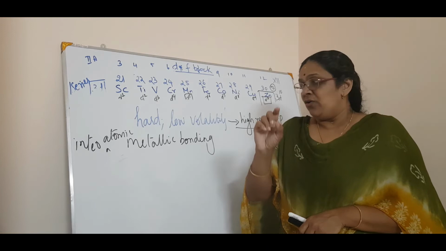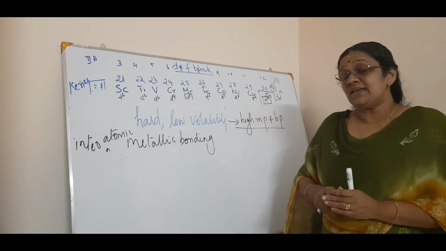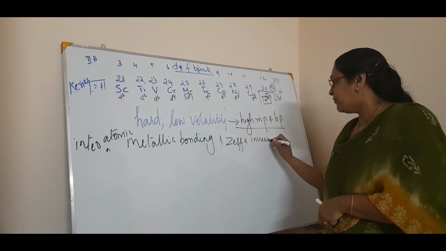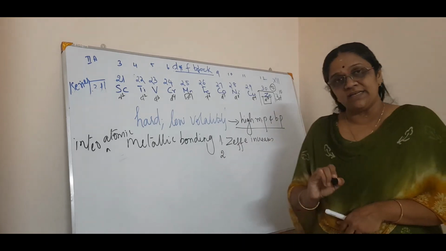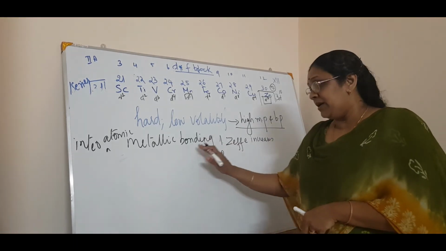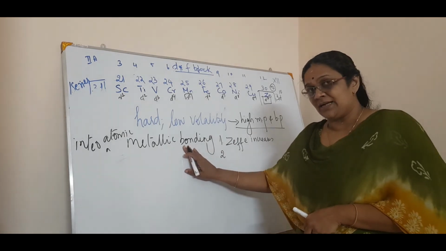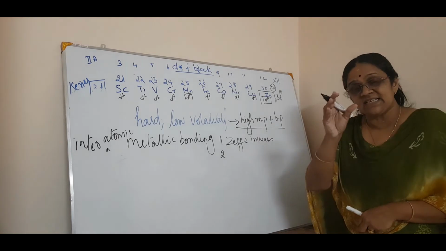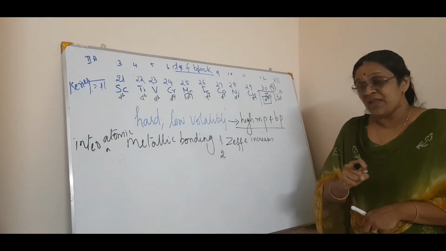The first point is that the effective nuclear charge is increasing, so the size of the atom is decreasing, and the second point is the strong metallic bond.